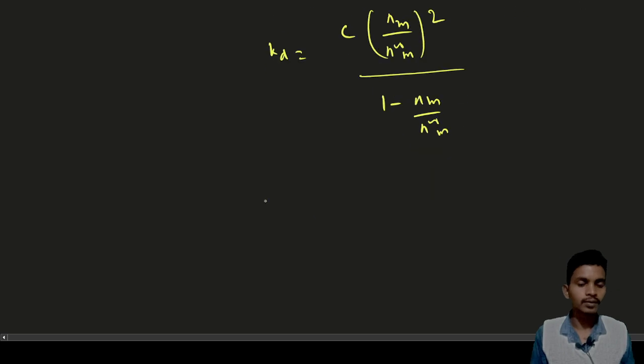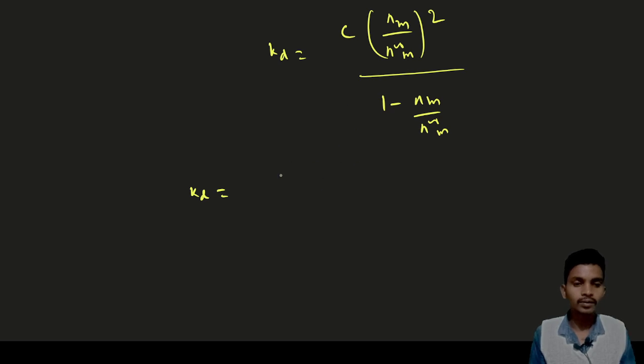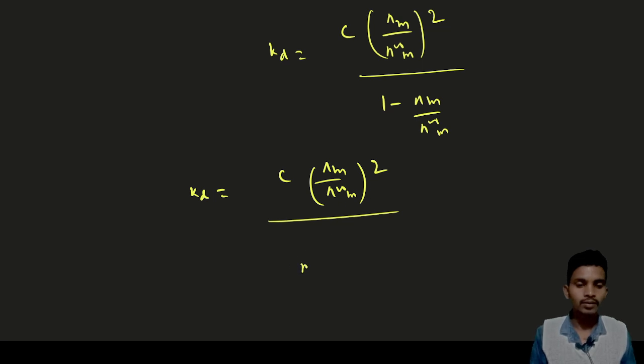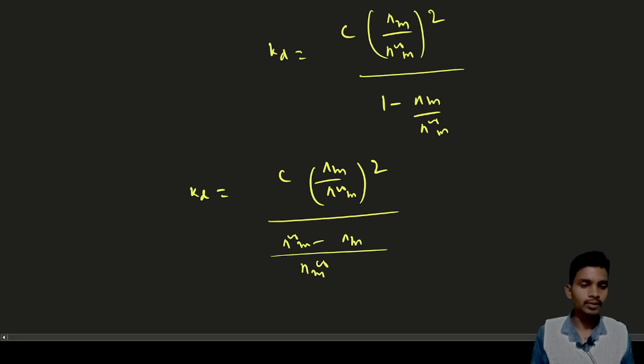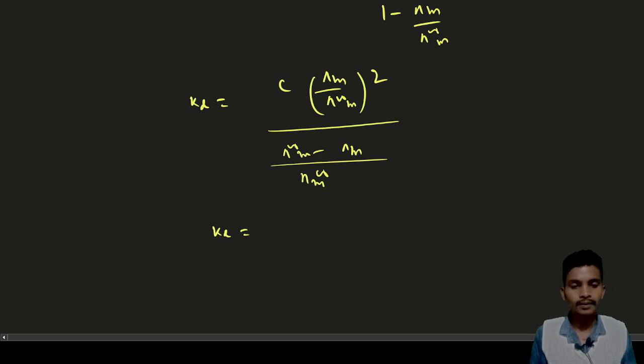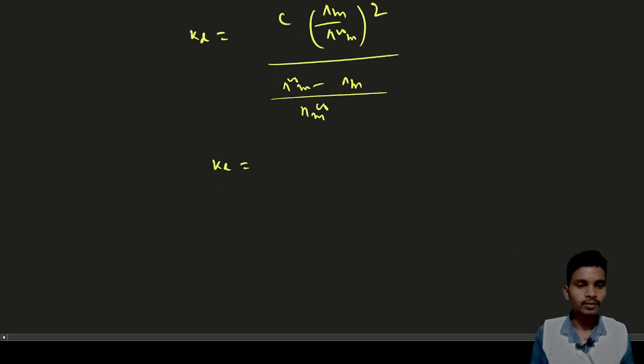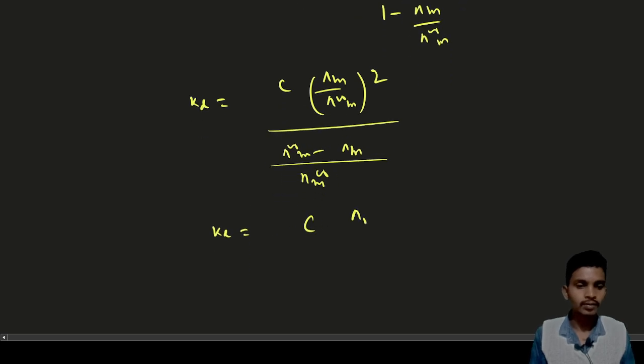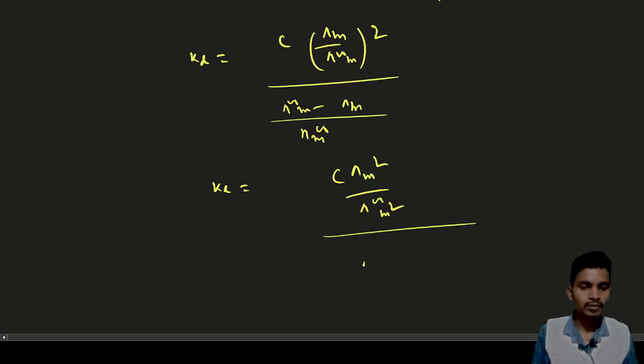okay. Then what I will do, this value we will take as numerator, then this will become this. Okay, so this C square upon this value.